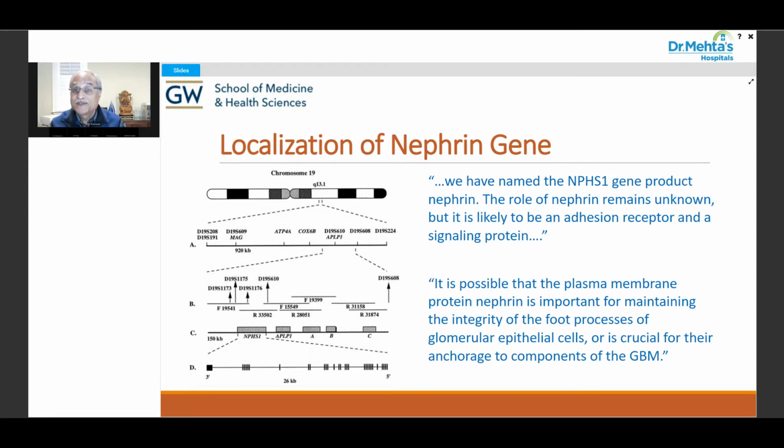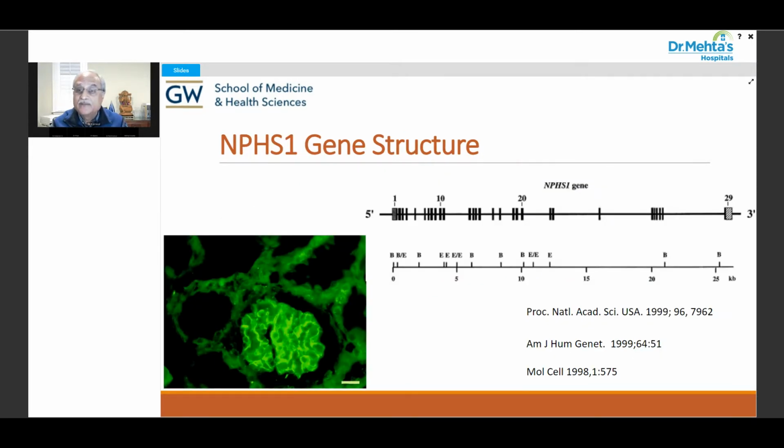They didn't know what it was. And the product of that gene, which they didn't know at that time what it was, they just labeled it as nephrin. Eventually, their next step was extremely time-consuming, labor-intensive, and very, very clever.